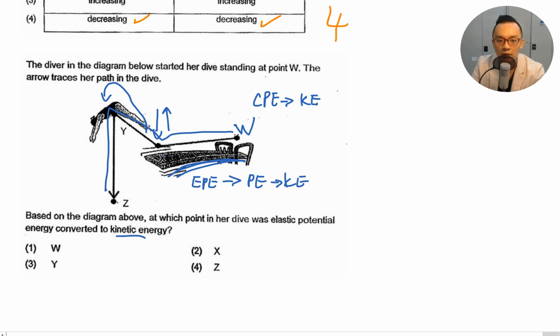It's the point here, because after I jump down, I will jump up. So I convert the elastic energy into kinetic energy to go up. Alright, so this point X is the point where the elastic potential energy is converted to kinetic energy.